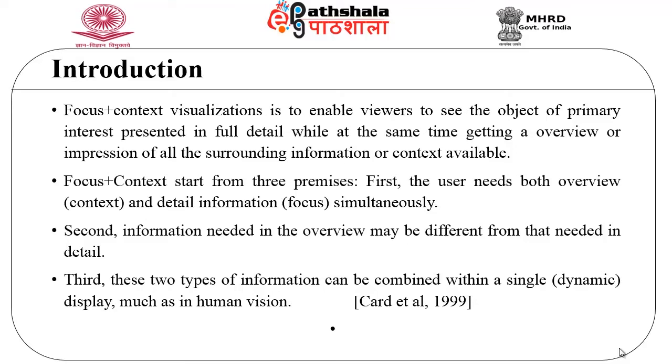First, the user needs to know both the overview as well as the detailed information simultaneously. Second, the information needed in the overview may be different from that which is needed in the detail as such. Third, these two types of information can be combined within a single or dynamic display, much as in the case of a human vision.